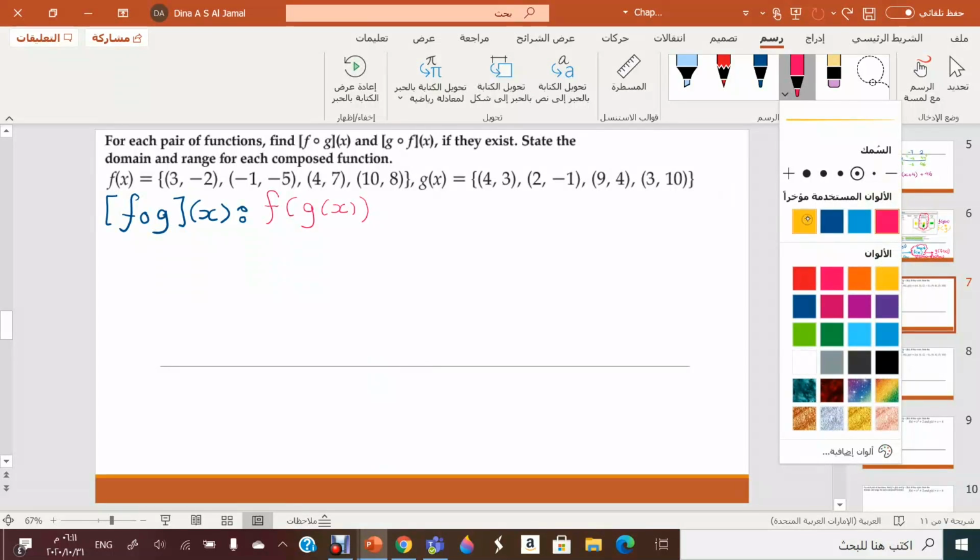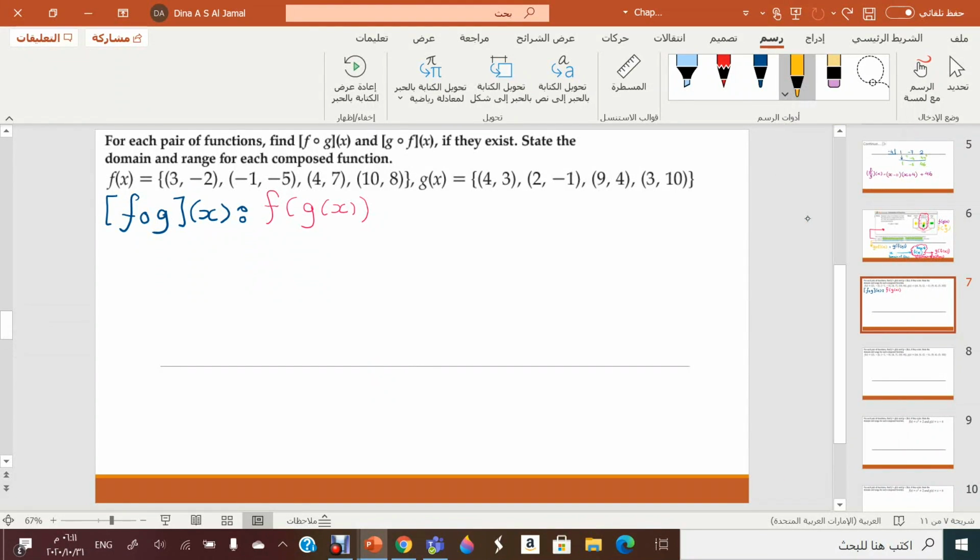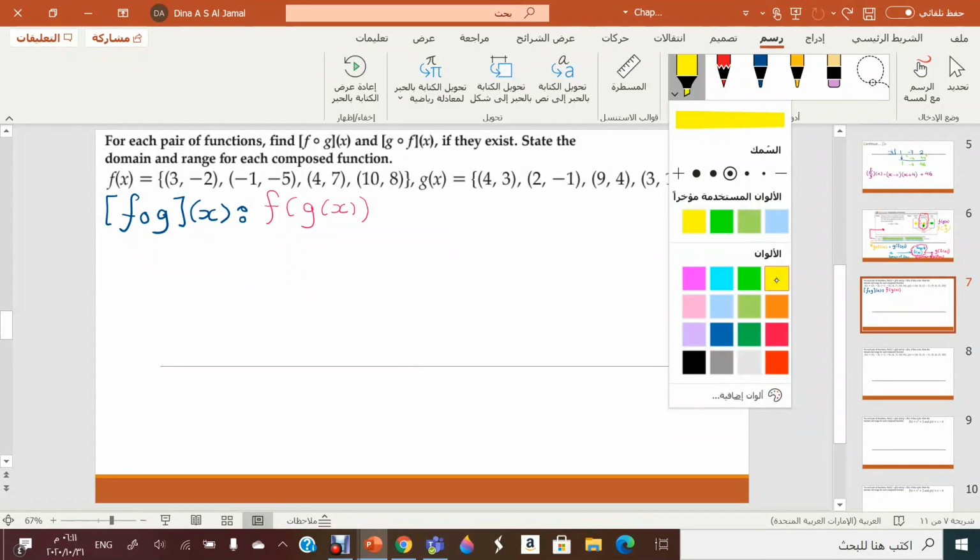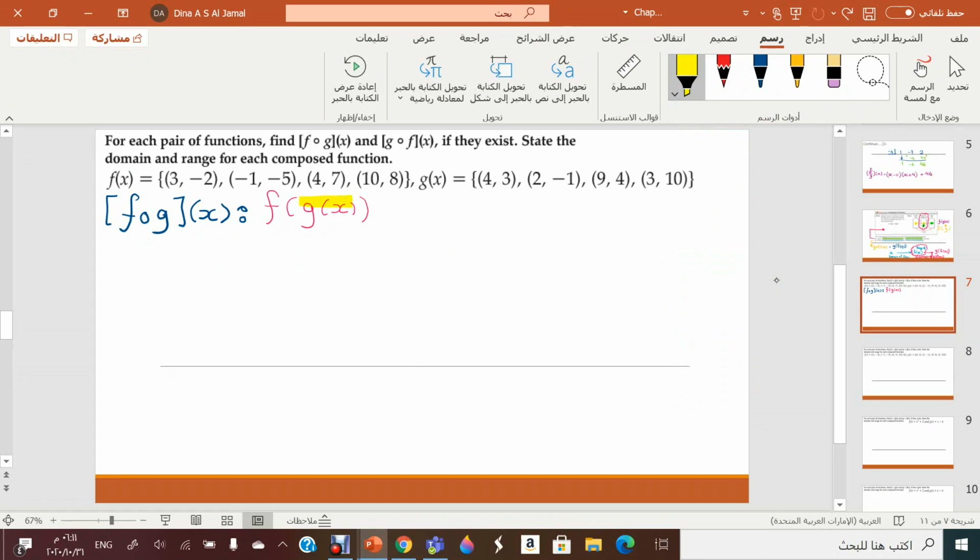So if I'm having values here, let's take first of all the values that I'm given for the g. So let me highlight g of x. I'm considering the x's of g. So it's like take it from the inside until you go to the outside. So the inside is g of x.